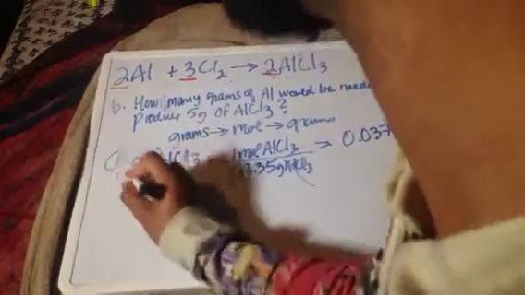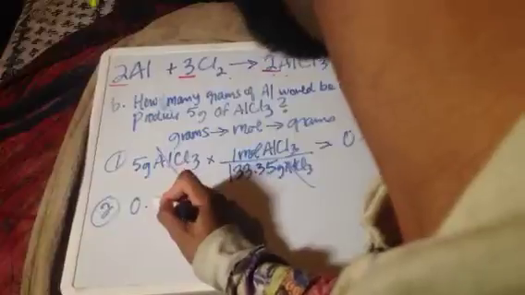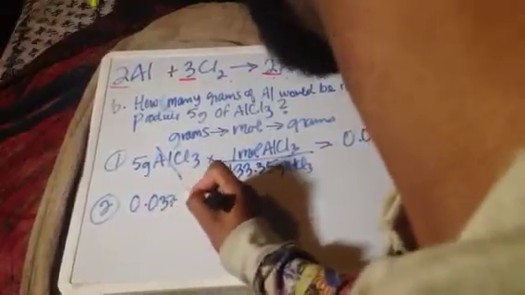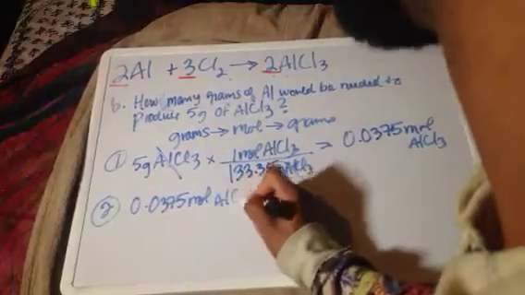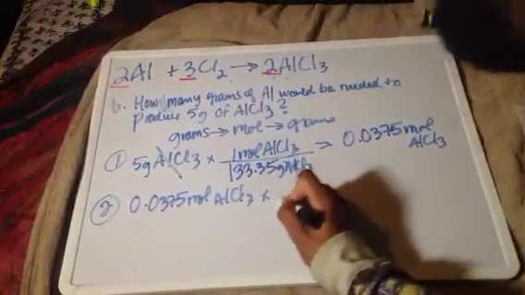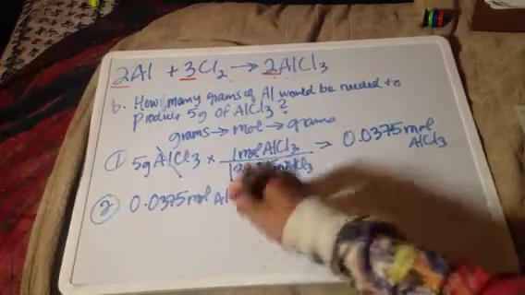So this is step 1. Step 2 is 0.0375 moles of AlCl3 times, and we always want to go back here. We want to make sure that our units are the same.